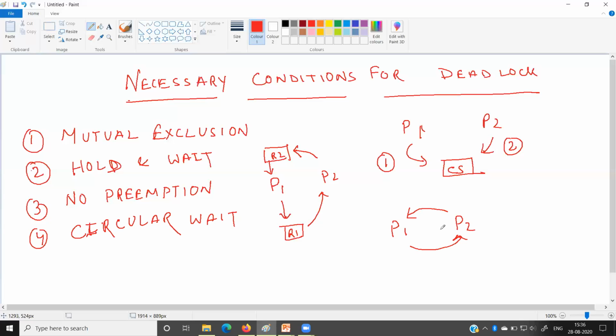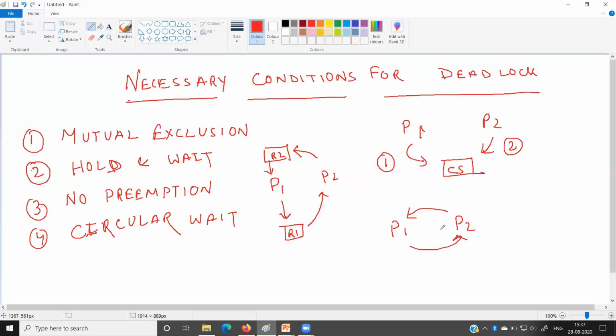This type of waiting is called the circular wait. If the circular wait is there, then this circle cannot be broken in future. So this type of circle can create the deadlock. Okay, so there are four necessary conditions for deadlock: mutual exclusion, hold and wait, no preemption, and circular wait.